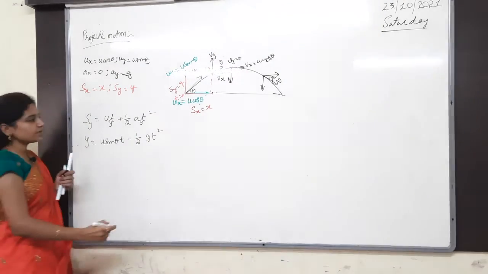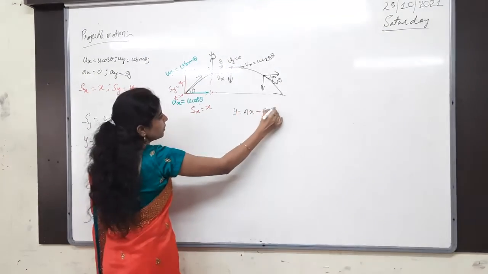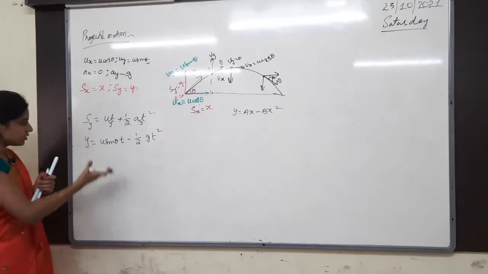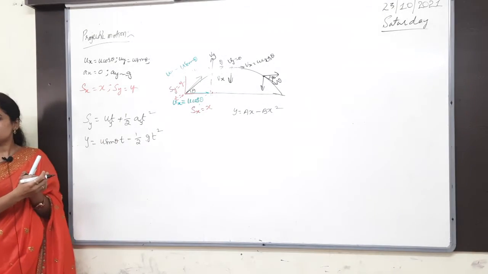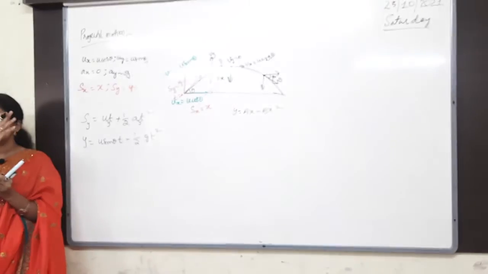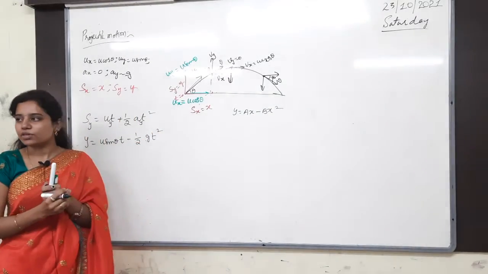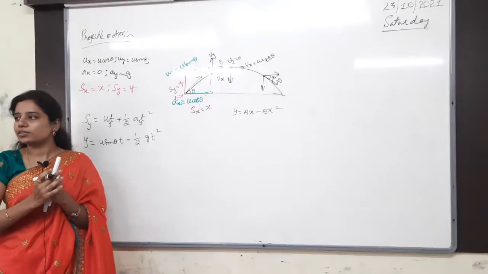Correct, but our equation should be in the form of ax minus bx square. This is in the form of at minus bt square. Correct, but our equation should be y, the y-axis displacement, equal to a into x-axis minus b into x square. You have to get that form only.